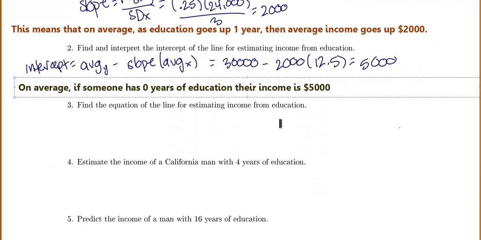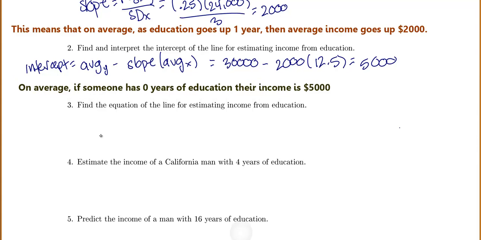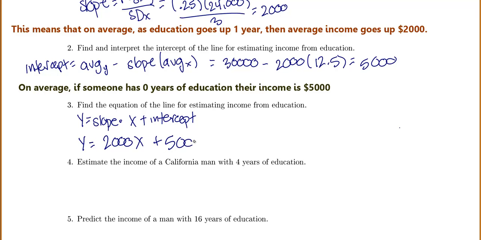Now we want to find the equation of the line for estimating income from education. We know that any equation of the line is y equals our slope times x plus the intercept. So in our case, y is going to equal 2,000x plus 5,000.